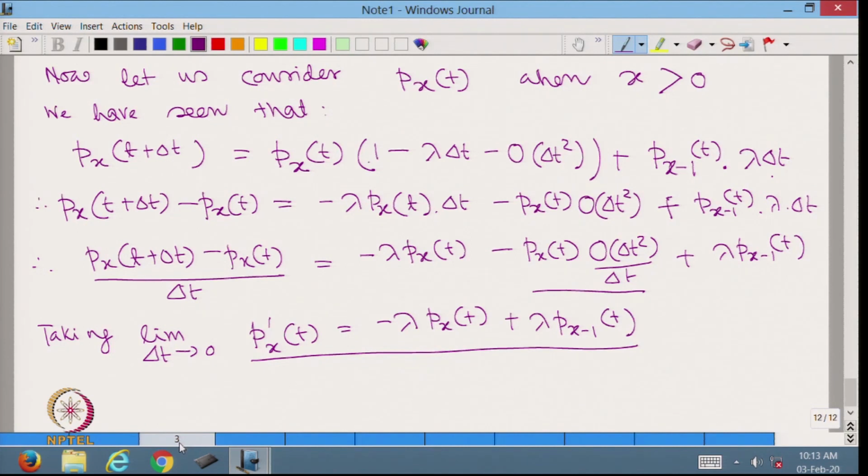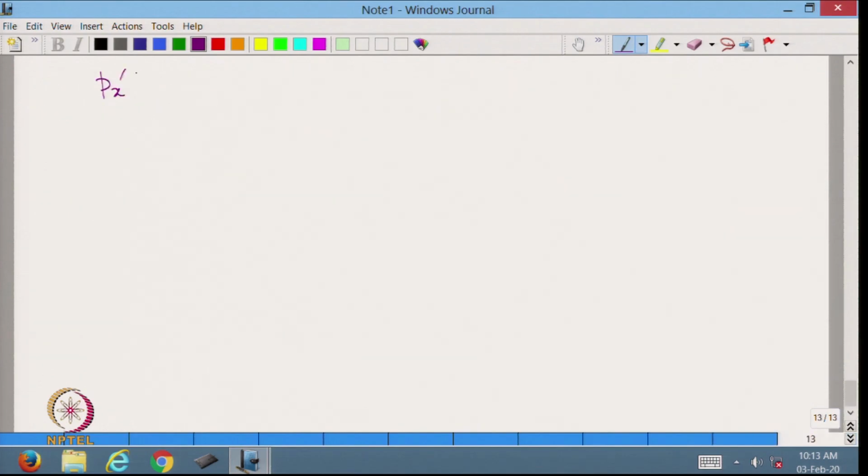So, this is the result that we have for x greater than or equal to 1. Therefore, we have Px prime t is equal to minus lambda Px t plus lambda Px minus 1 t.